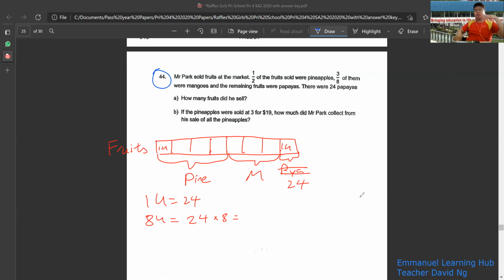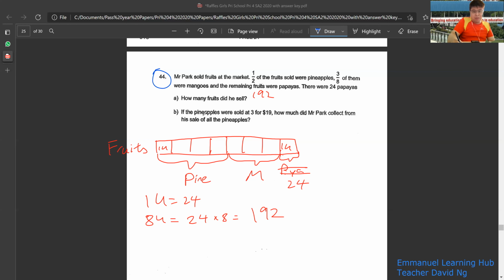You do the working, 24 times 8 and tell me what you get. 192. 192, very good. So he sold 192 fruits.